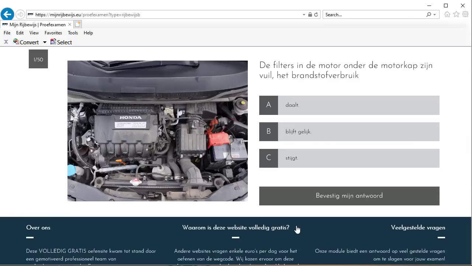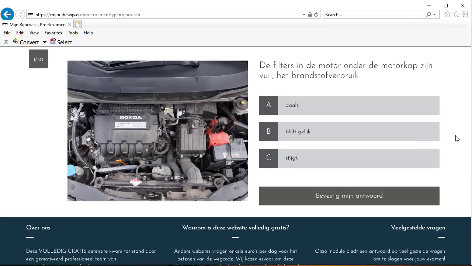Okay, so here comes the first question. I will translate the question and options and give a pause of about 1 or 2 seconds. The filters in the engine under the bonnet are dirty.